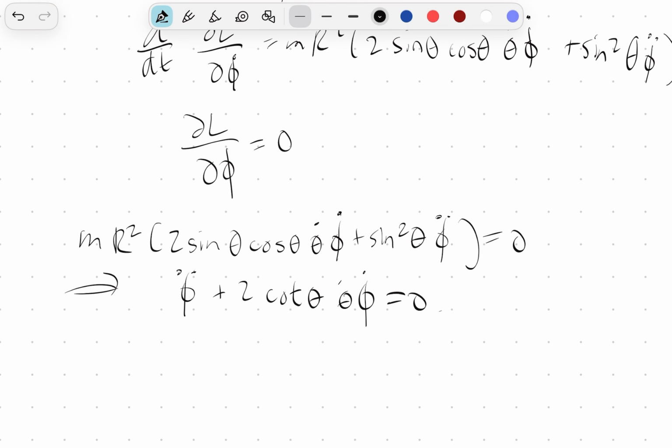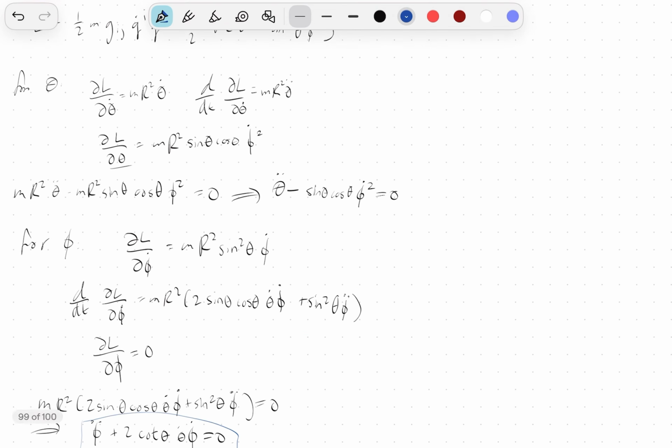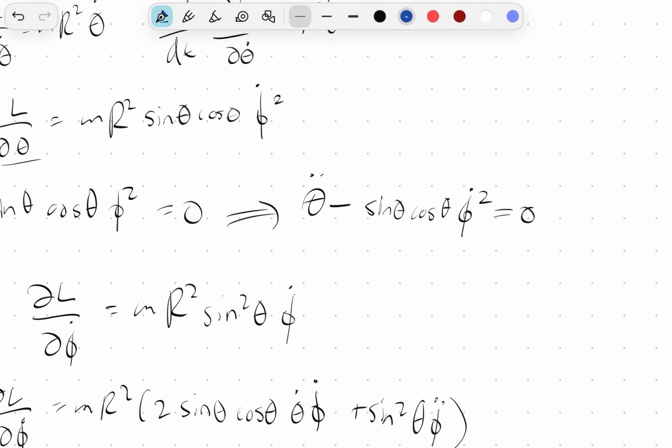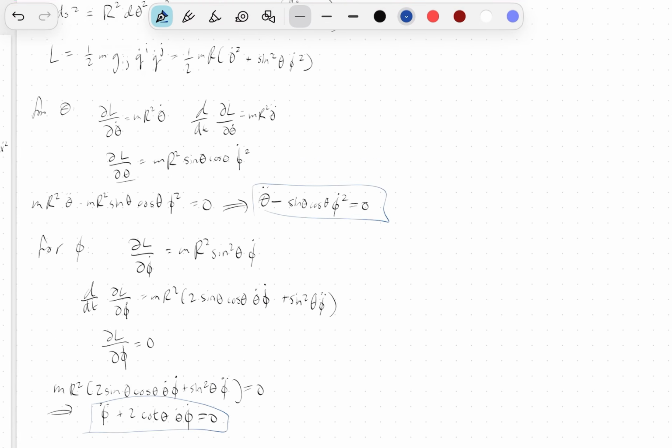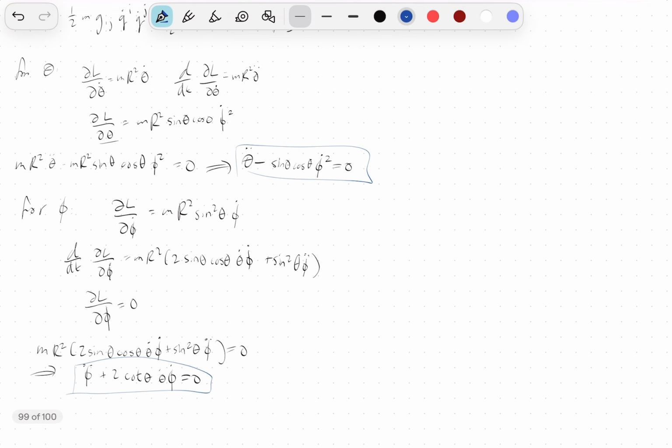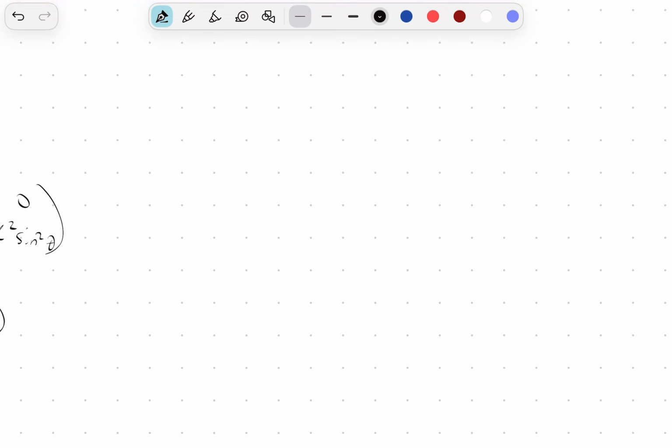Okay, so we have these two results. We have this one, and then we also have this one. Now, if we look at those equations pretty carefully, the general Euler-Lagrange equations for a Lagrangian should be a geodesic equation.